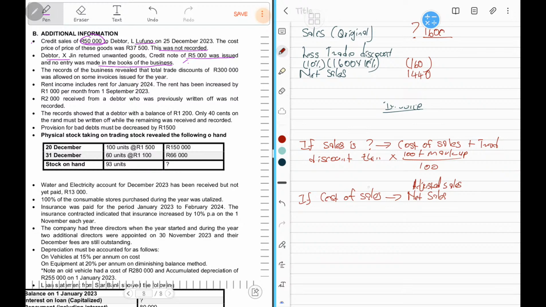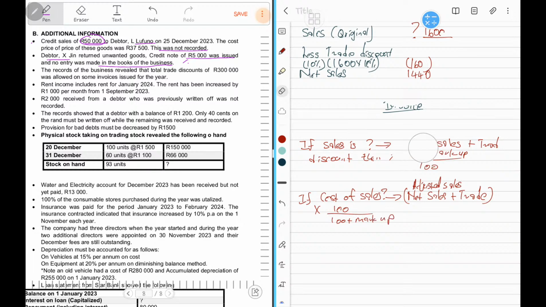If cost of sales is the question mark, I'm not doing the opposite here. So you take the net sales, then you add the trade discount. I want to correct the one above. Then you are going to find the original sales. Then what you do, you multiply by 100 over 100 plus the markup. Let me correct this one from above.